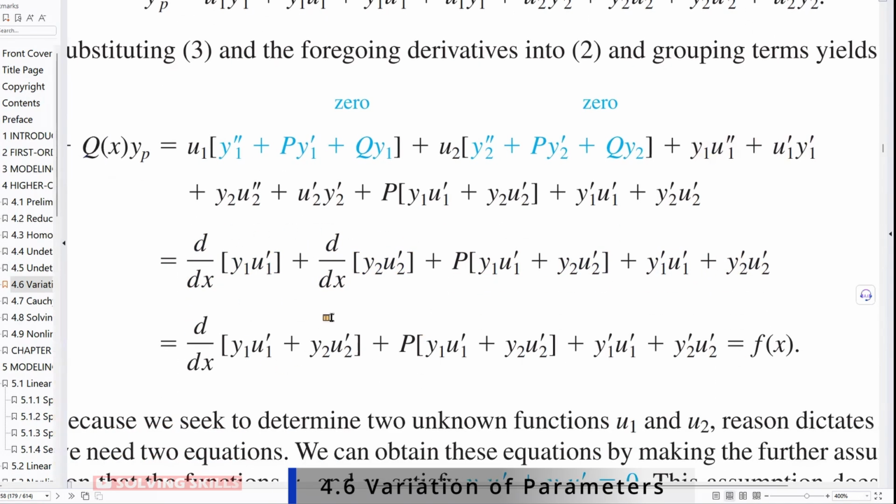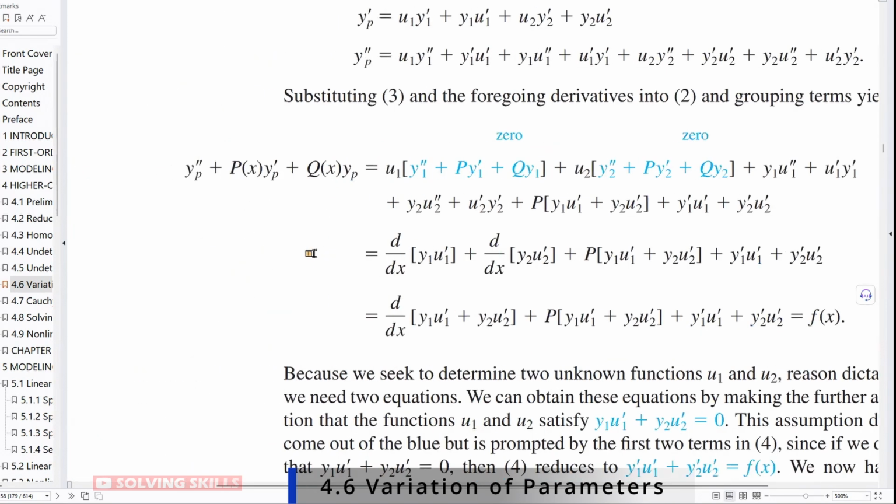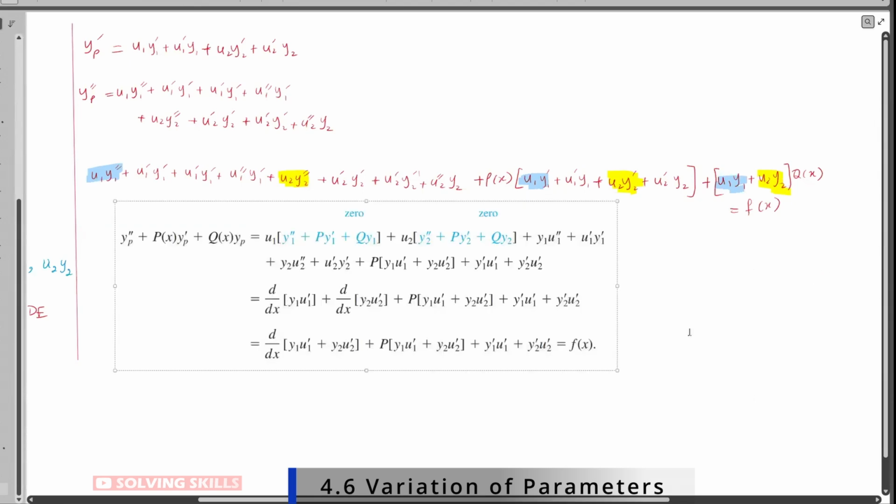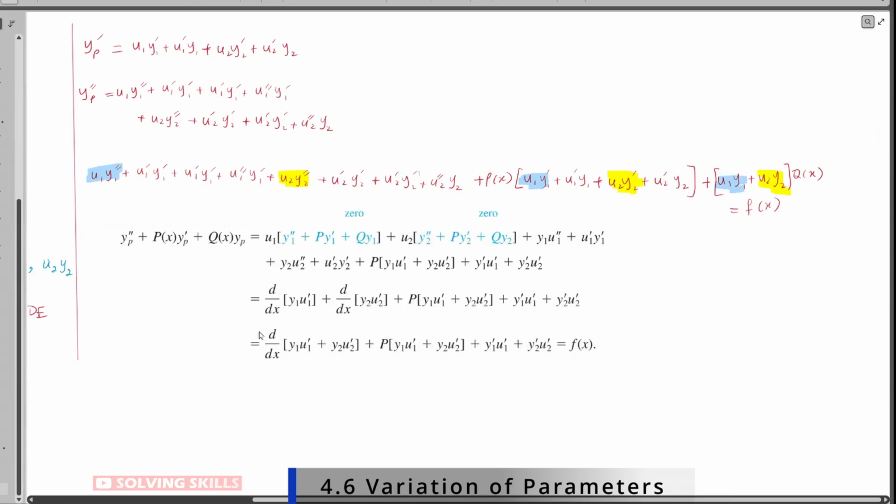Now we can combine these two derivatives as one, because the derivative of two functions of x can be combined or distributed whenever we like. The rest of the 4 terms are written in the same form, and on the right hand side we have f of x. I'm going to borrow this from the book and place it over here. So now this is our final form.